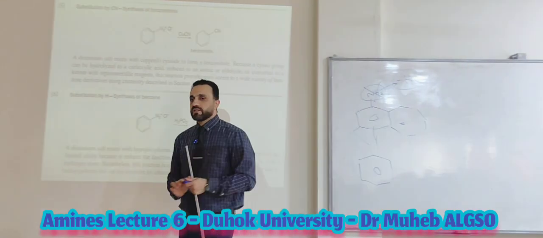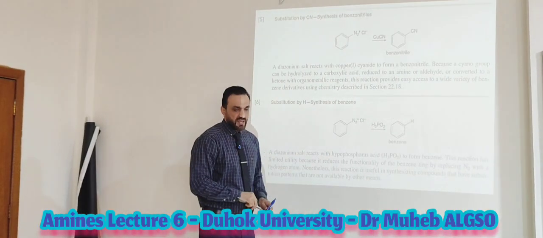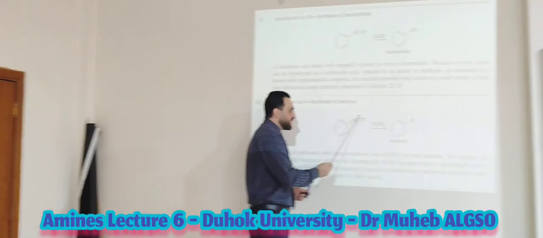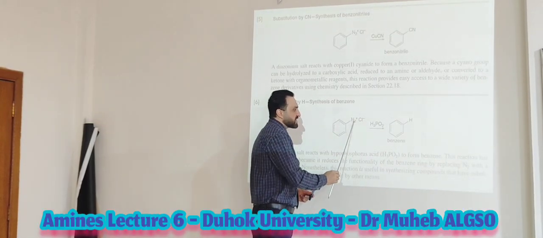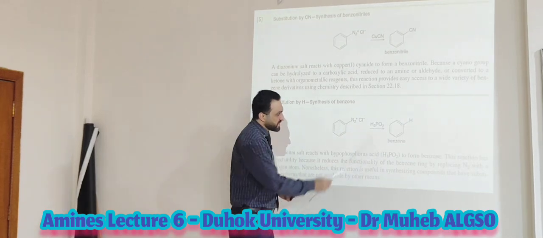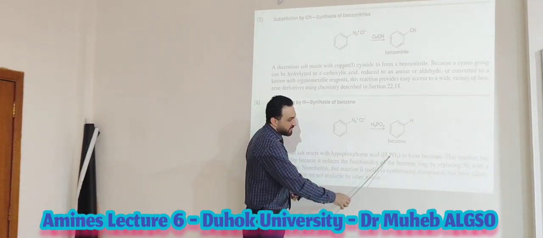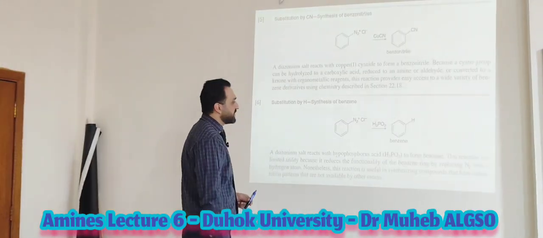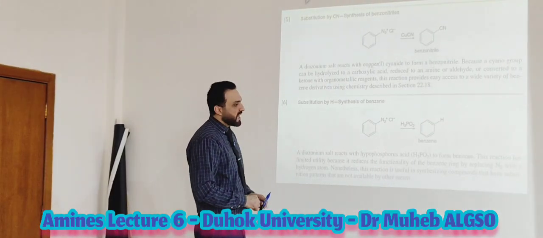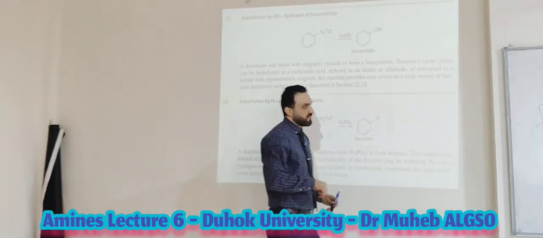How? Through what? Through diazonium salt. Diazonium salt can be reduced to the hydrogen by reaction with H3PO2, the hypophosphorus acid. I say to you, this reaction has limited uses in organic chemistry.